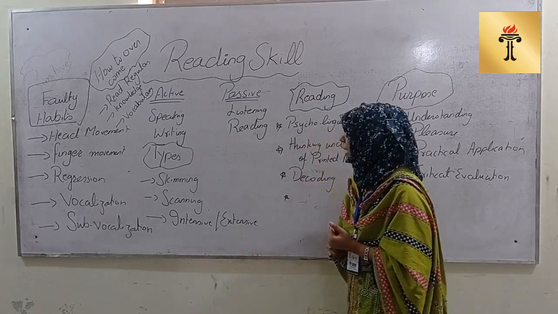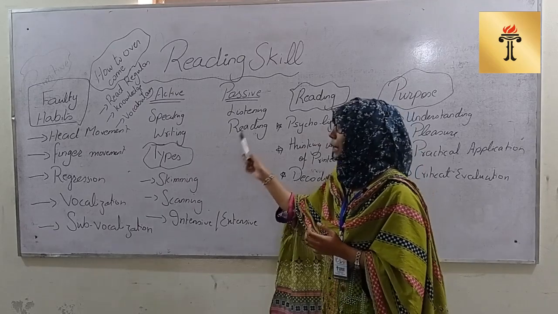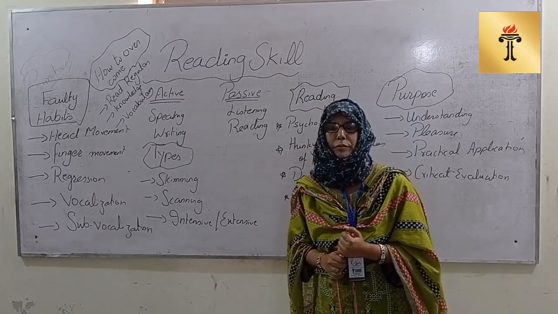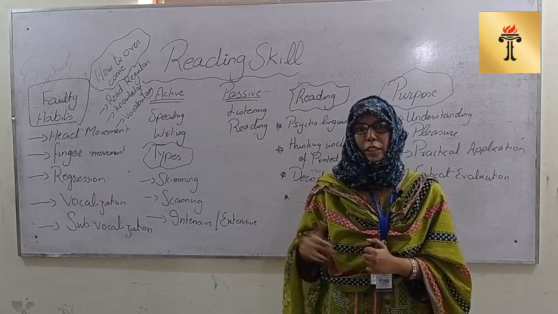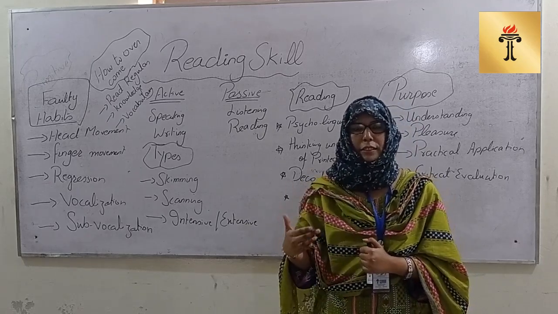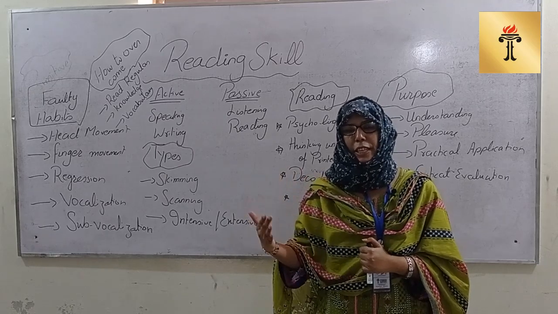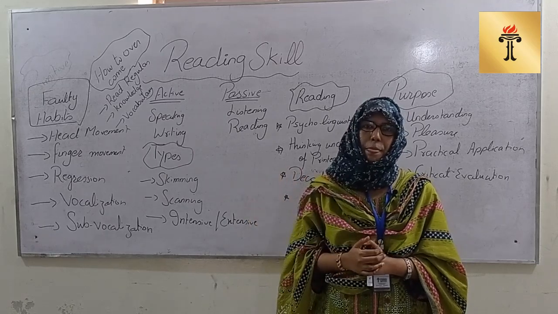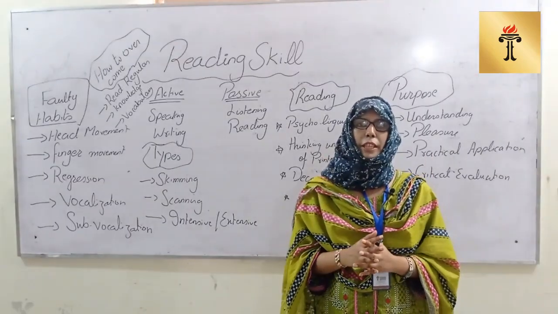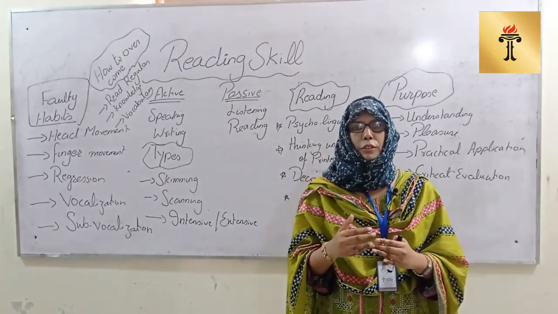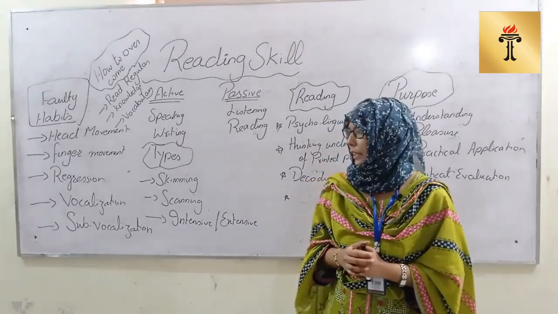The next important thing is the types of reading. There are basically 4 types of reading: skimming, scanning, intensive reading and extensive reading. Although in the coming lectures we will discuss all these 4 types of readings in detail, let me give you the crux and the glimpse of that.